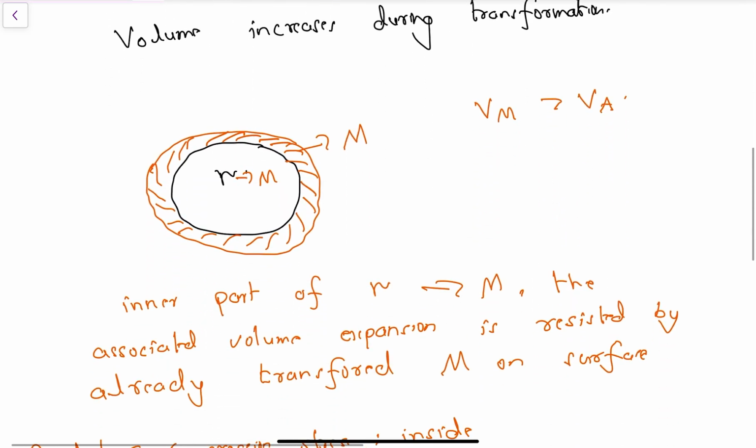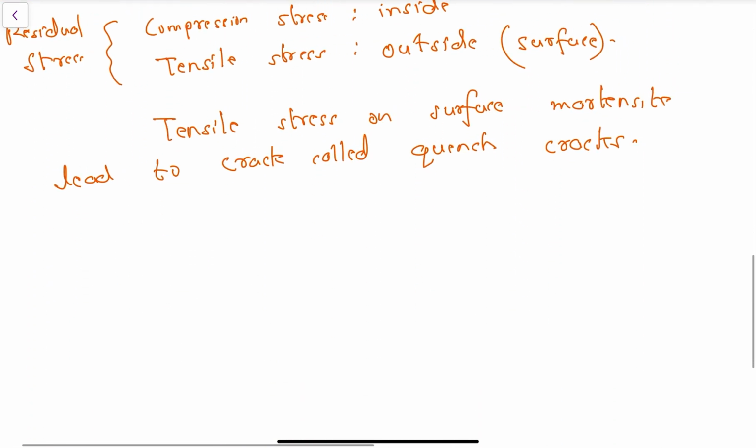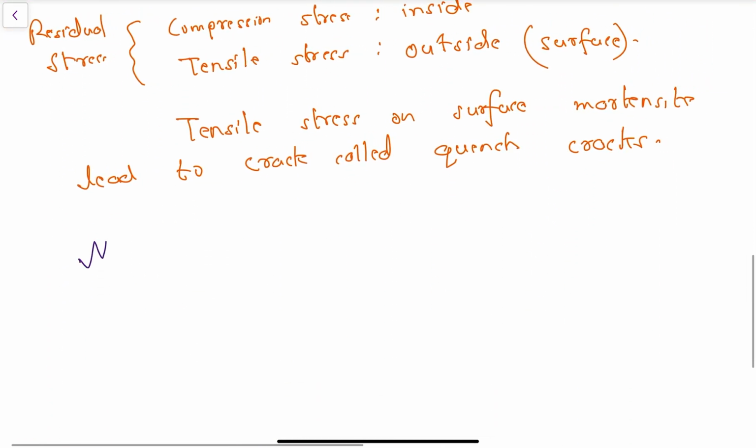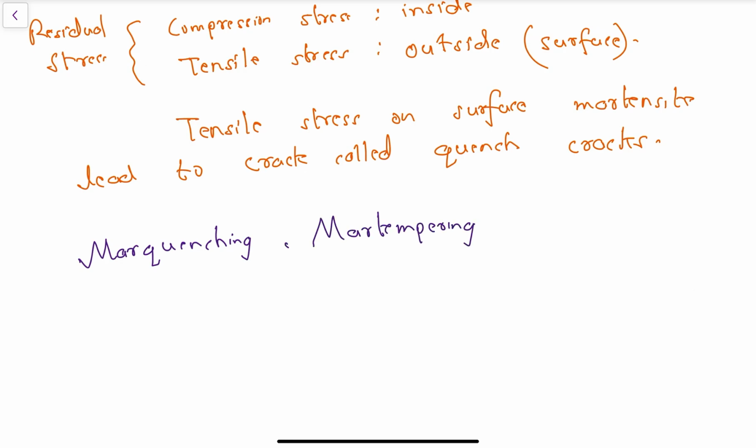So what can we do? This can be solved by a process called martempering, or martquenching.